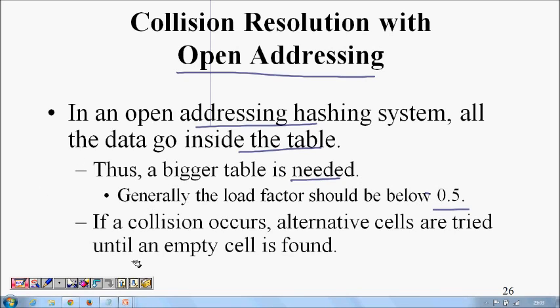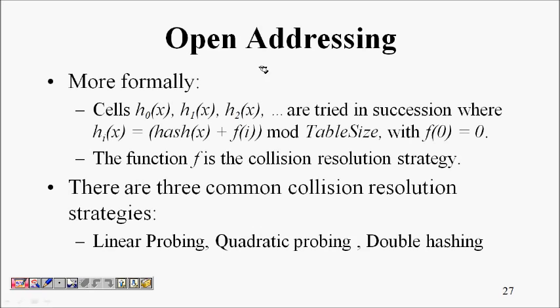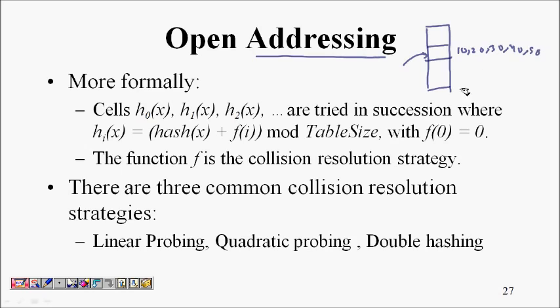In open hashing, whenever there was a collision, like with 10, 20, 30, 40, 50 for a hash function h(x) equal to x mod 10, at index 0, all these values hash to index 0, and then we make a linked list like this.